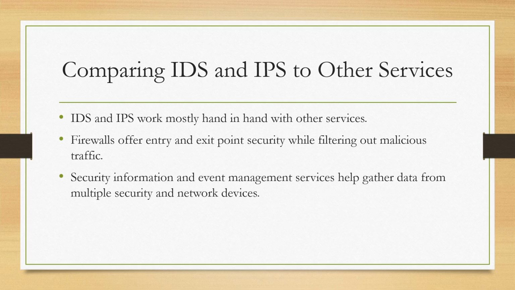They usually just work off the perimeter. They are meant for controlling the gates to a network. Unlike IDS and IPS, which can operate more inside of the network itself, and may, for example, be able to stop threats that slip past the firewall.